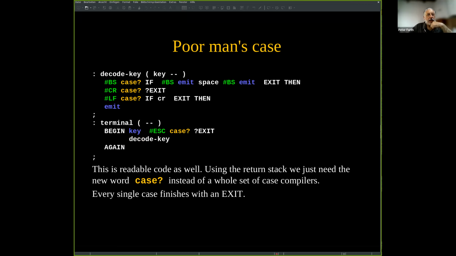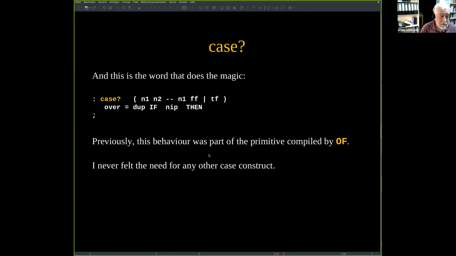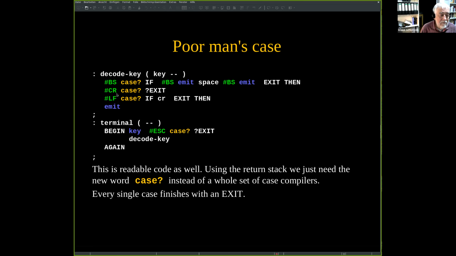Amazing. This is very, very nice, Klaus. My question: can't you just say dup equals and drop after if? Wouldn't this be easier? You mean, without defining case question mark, just use phrases? Say number dup number backspace equals if drop. Yeah, right.